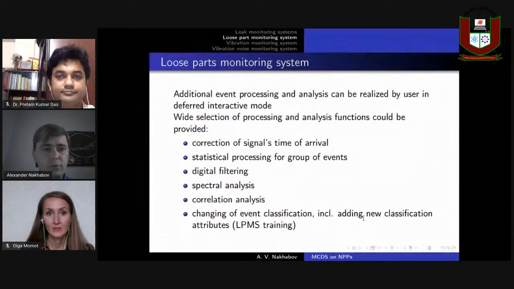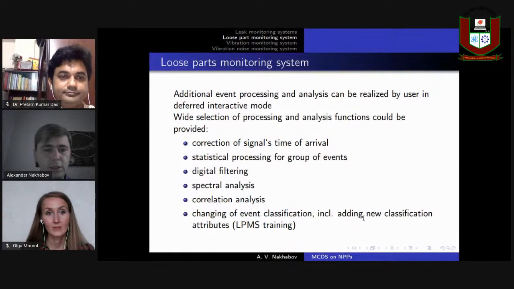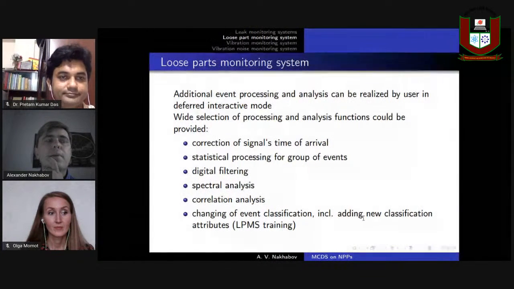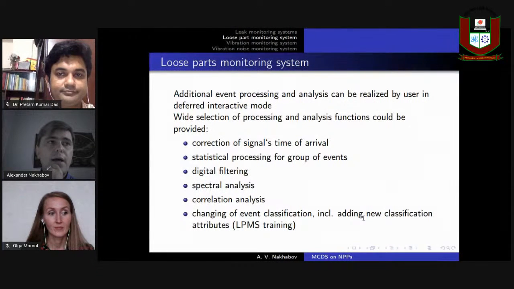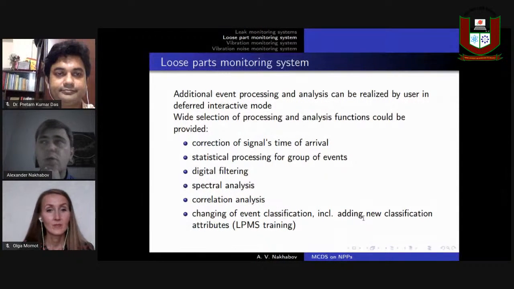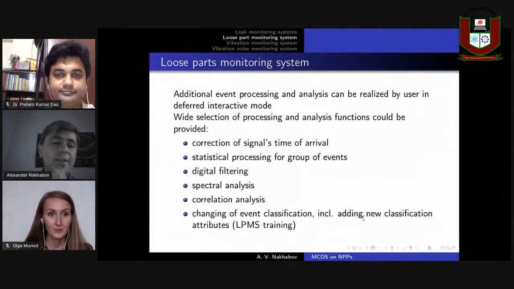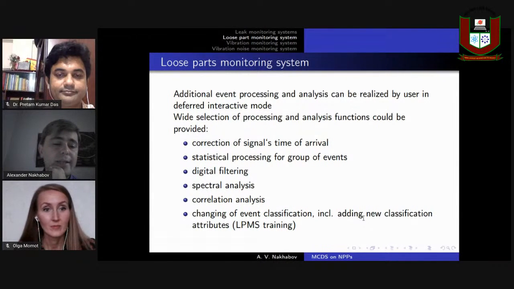Okay, I'd like to skip the slides because we do not have so much time for my presentation. It's actually about some insight methods of analyzing, because when we talk about data analysis from a loose part monitoring system, of course we should talk about using different statistical or mathematical methods like correlation, spectral analysis, and so on.